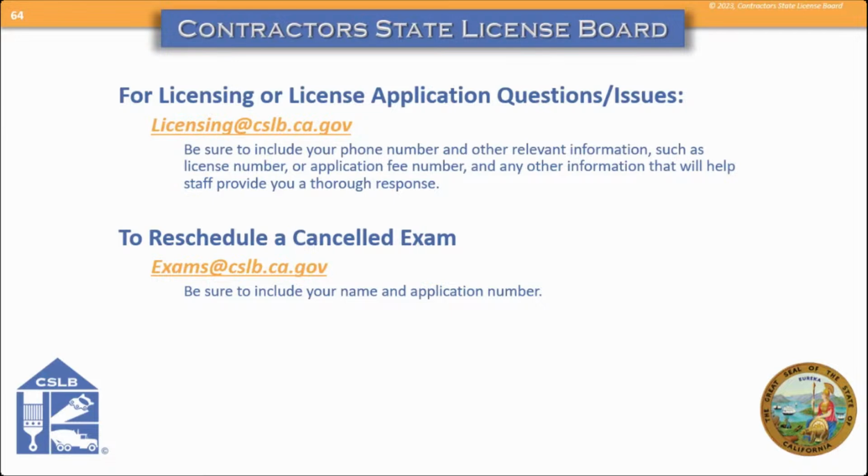From my understanding, you will have your pick of a date, and they will only show you the dates that are available. But I do not believe it's a long wait with them because there are several sites within California that can be utilized for everybody who has submitted an application and needs to test for their license.